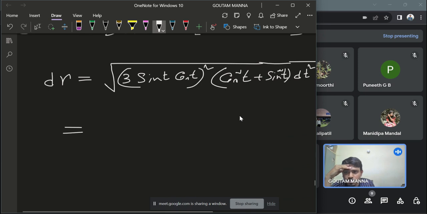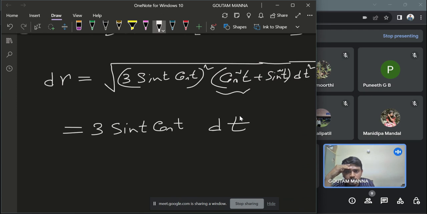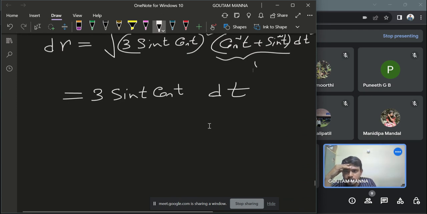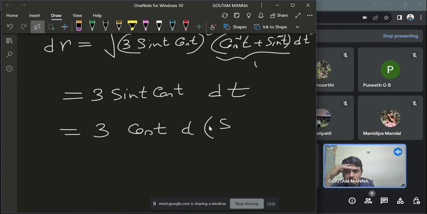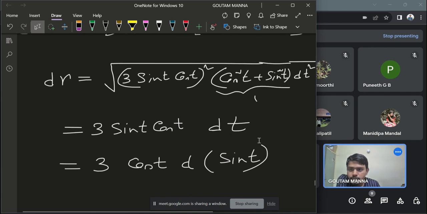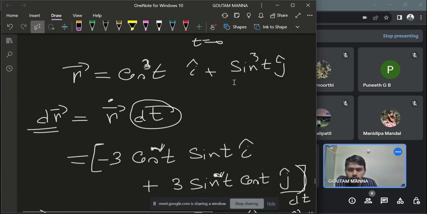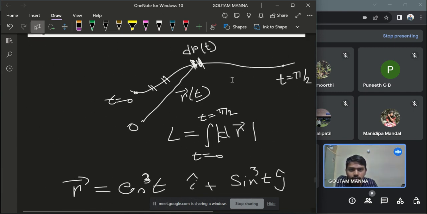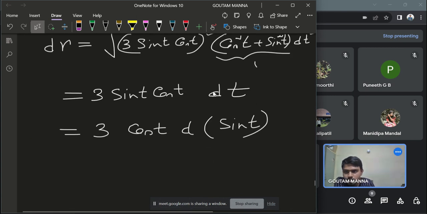So if I do the calculation, it will be 3 sin t cos t dt, because this value is 1, which I can write as 3 sin t d of sin t. This d of sin t is cos t dt. To find out the whole length we need to add up all these drs, so basically we need to do the integration.